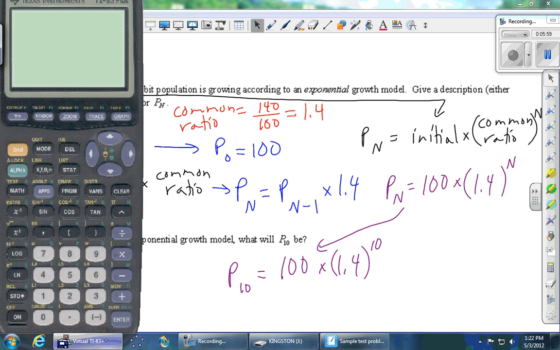So we're going to do this one on the calculator. 100 times 1.4 to the 10. I didn't put parentheses around 1.4. You don't need them, but it doesn't hurt to put them in. So 10 years into this experiment, there are about 2,900 rabbits according to the exponential version of things. So we'll say about 2892.5.